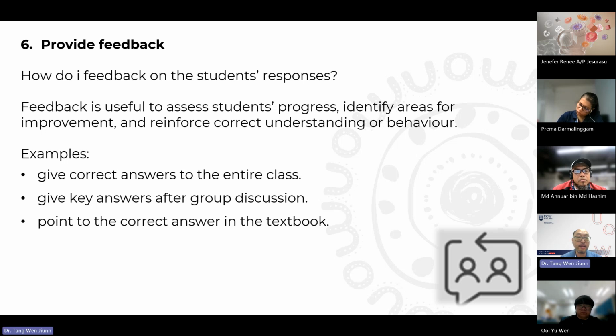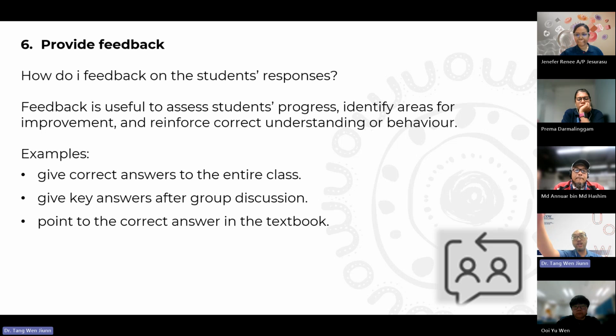This feedback is useful to identify their progress, whether or not they understand what we just mentioned, to identify areas for improvement and reinforce understanding and or behavior. The easiest thing we can do is give the correct answers to the entire class.